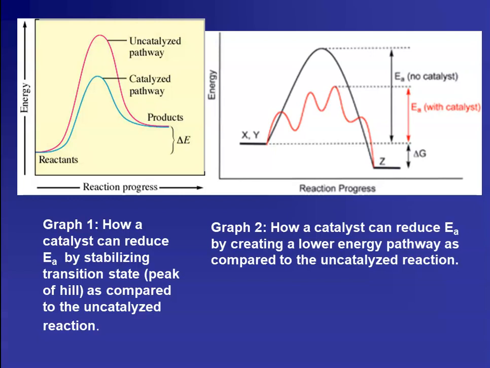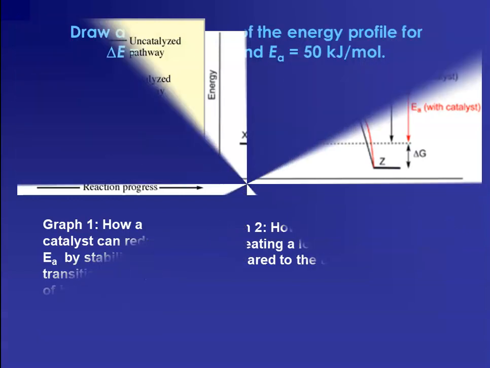You can also have a catalyst just provide a totally different pathway, but you'll notice that all of those hills that are making up that other pathway require less activation energy than the original reaction. So no matter which way the catalyst chooses to work, the entire goal is to reduce that activation energy component.